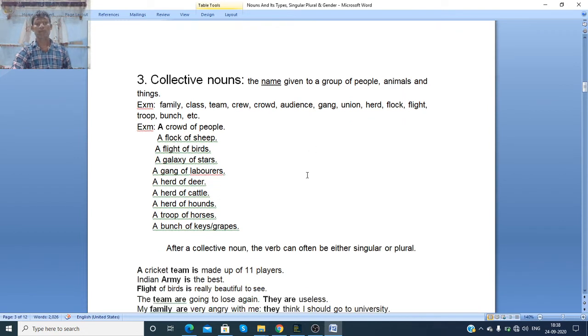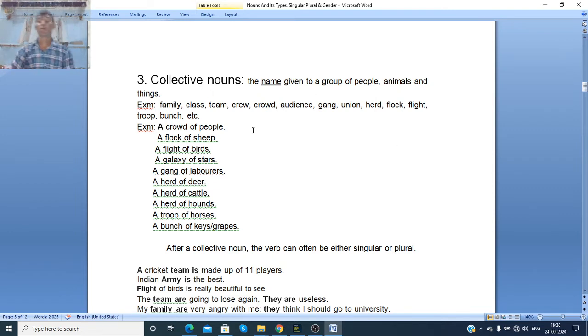Let's talk about collective nouns. Collective nouns are the name given to a group of people, animals, and things. The name of a group of people, like family.